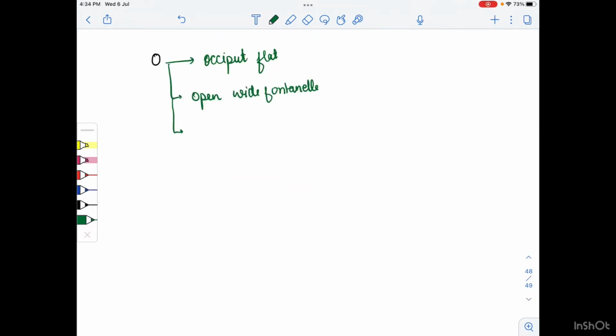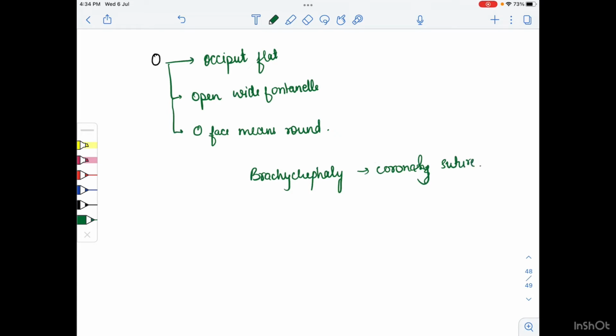And the O face, which means the face is round, and in Down syndrome we see brachycephaly. We see brachycephaly because there is a fusion of the sutures. Coronal suture problem will be there.